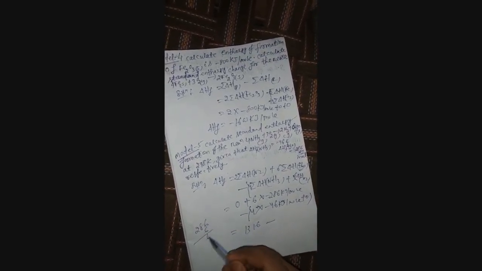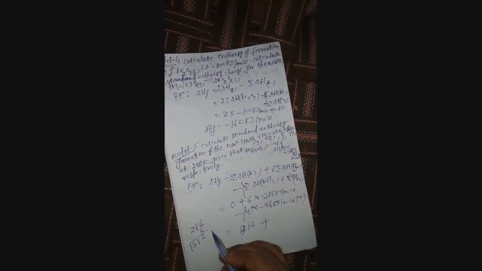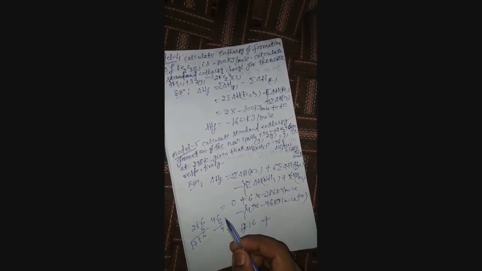The value we write here: minus 1716 minus, plus 46 into 4, plus 184.